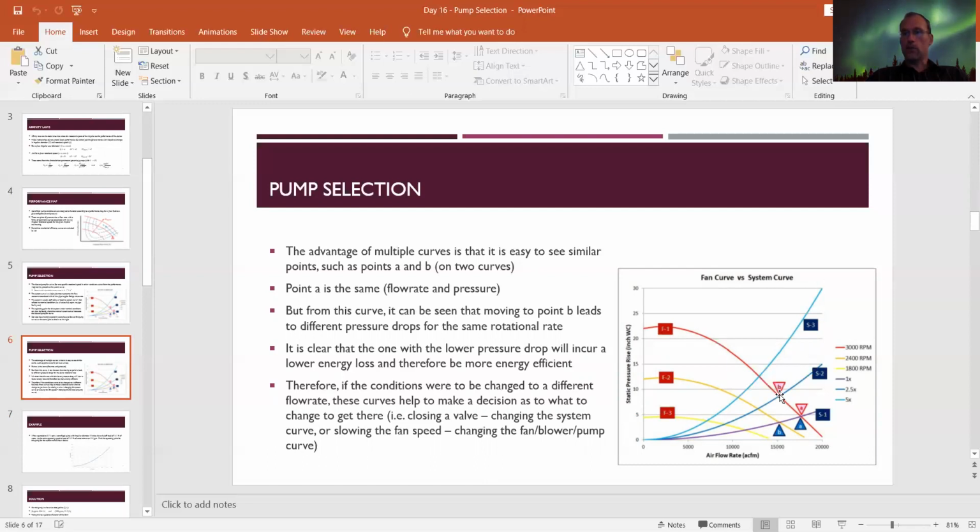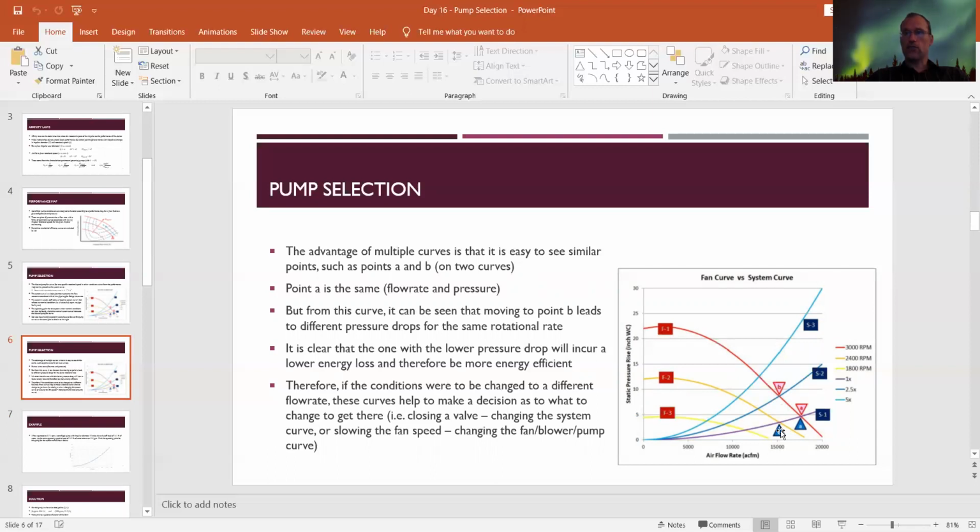Now I have the option of doing both of these to get to that flow rate. Which one should I do? Well, if I look at point B up here, when I changed the system and did not change the fan curve, I ended up with a higher head loss. Whereas the first way, when I changed the pump or fan and didn't change the system, ended up with a lower head loss.